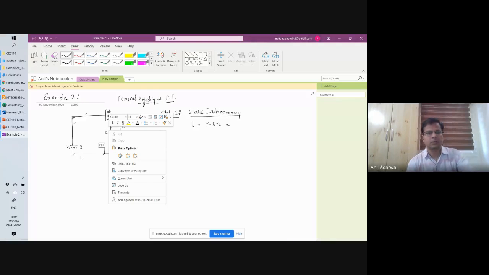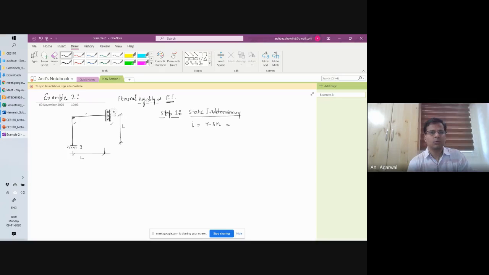Sorry, my mistake. It is restraining the rotation here, and it is restraining this movement. These two movements are restrained. Therefore, you will have two R's here.